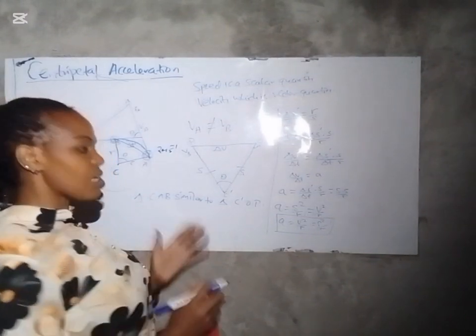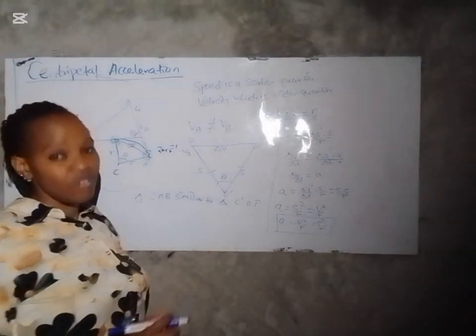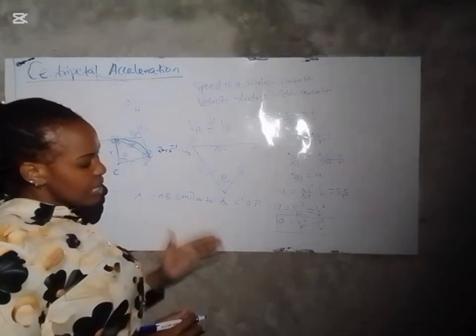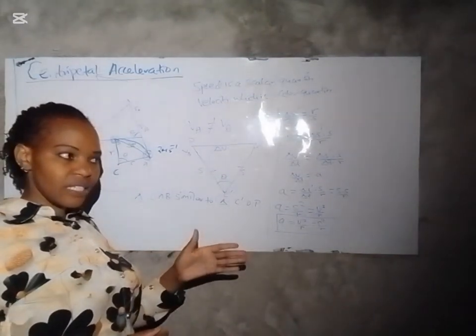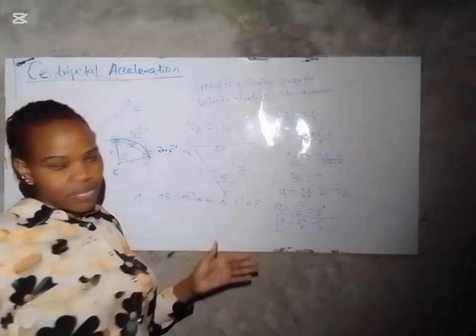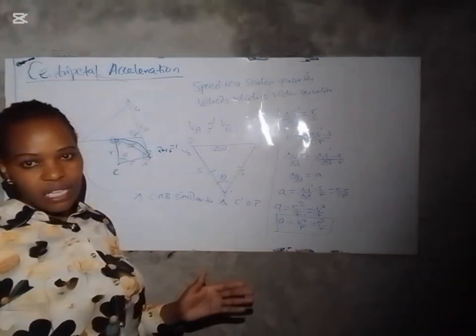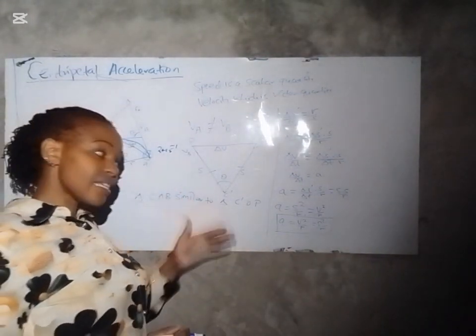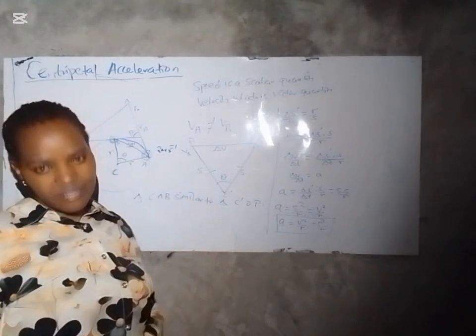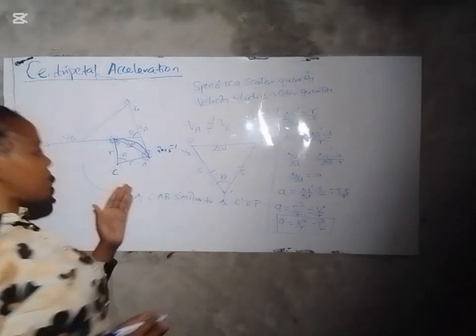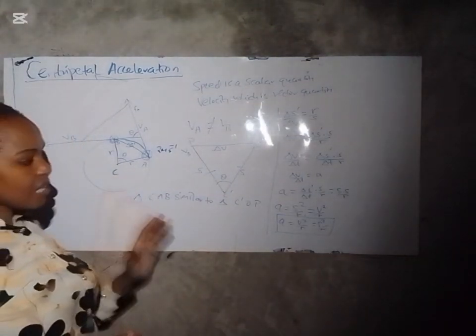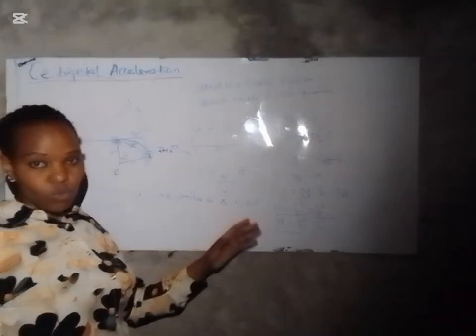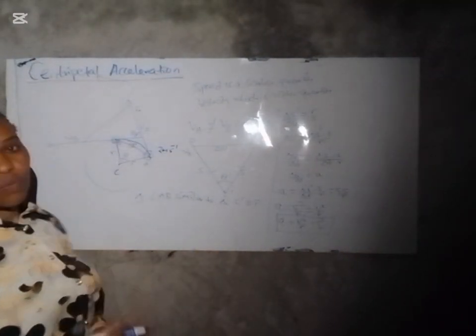So acceleration does not have to do only with the change in magnitude of velocity. If the magnitude changes, the body has accelerated. If the direction changes and the magnitude does not change, still the same, the body has accelerated. So acceleration in circular motion has nothing to do with the change in magnitude of the speed. It has to do with the change in direction of the object.